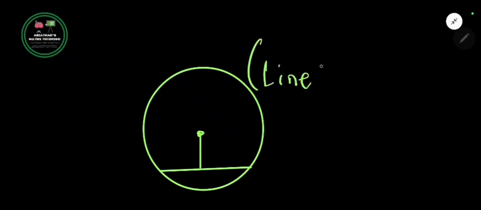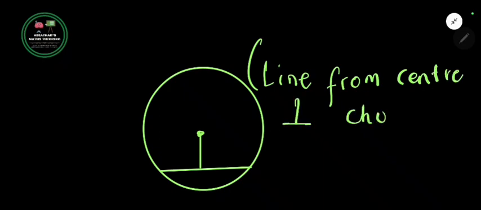A quick recap: we said that our reason for this one is line from center is perpendicular to chord. So this was part 1. I hope you have learned a lot from our previous video.